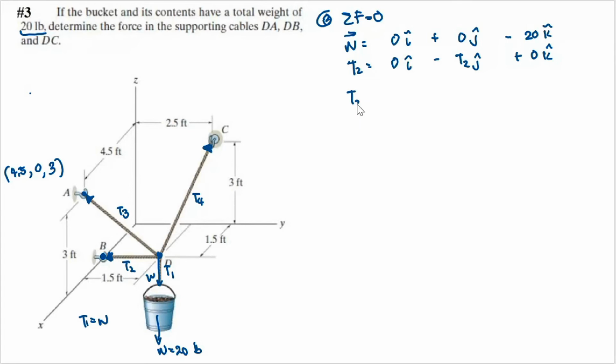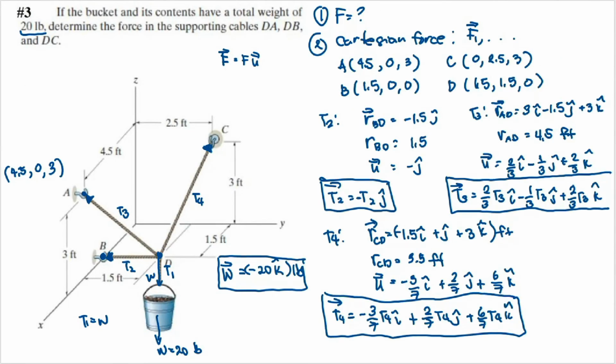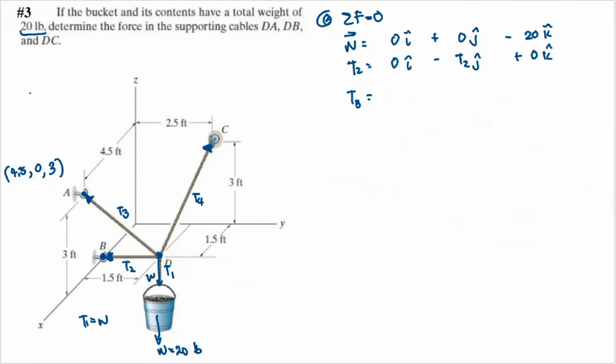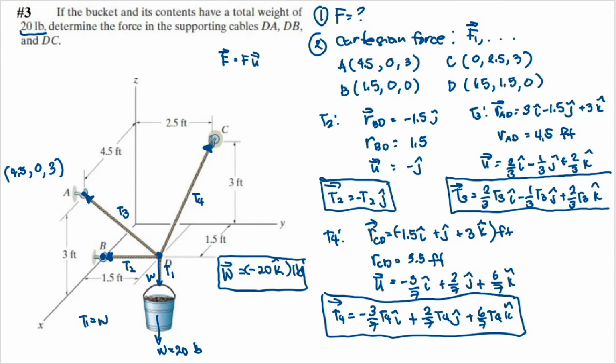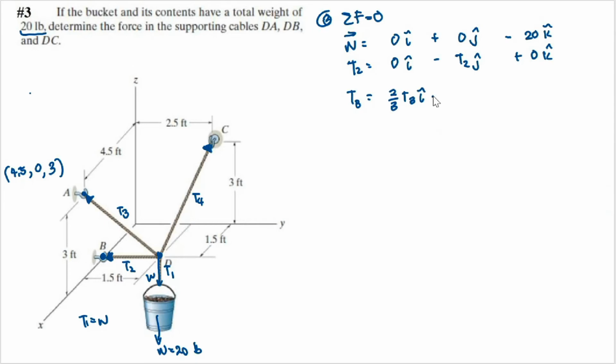Now, for T3, ito, kailangan nating kabisaduhin. T3 is 2/3 T3 i hat, negative 1/3 T3 j hat, plus 2/3 T3 k hat.